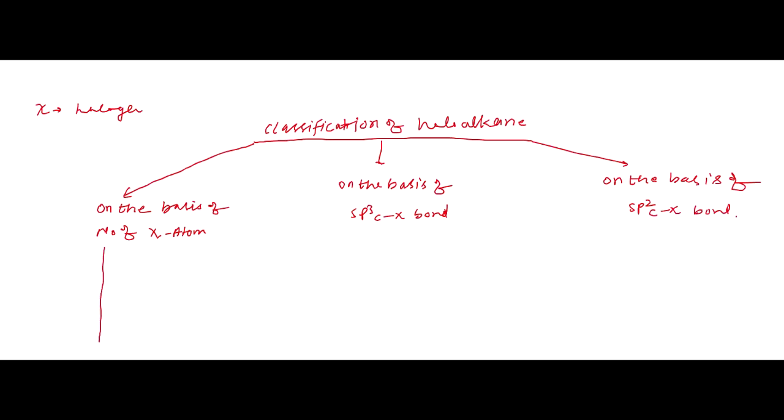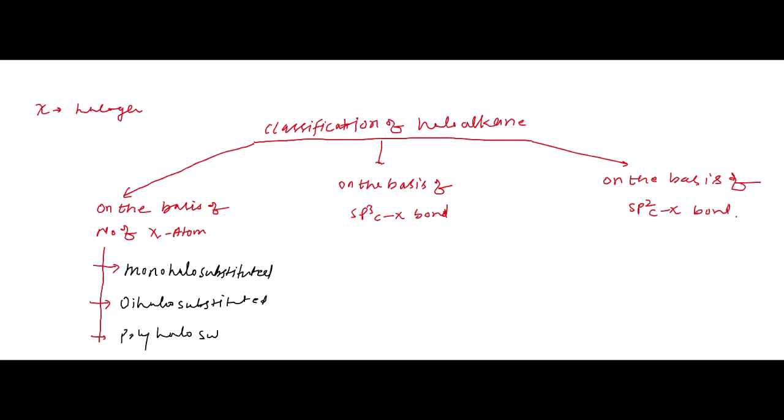This one is called mono-halo substituted, which means only one halogen is there. This is di-halo substituted. And the last one is polyhalo substituted.